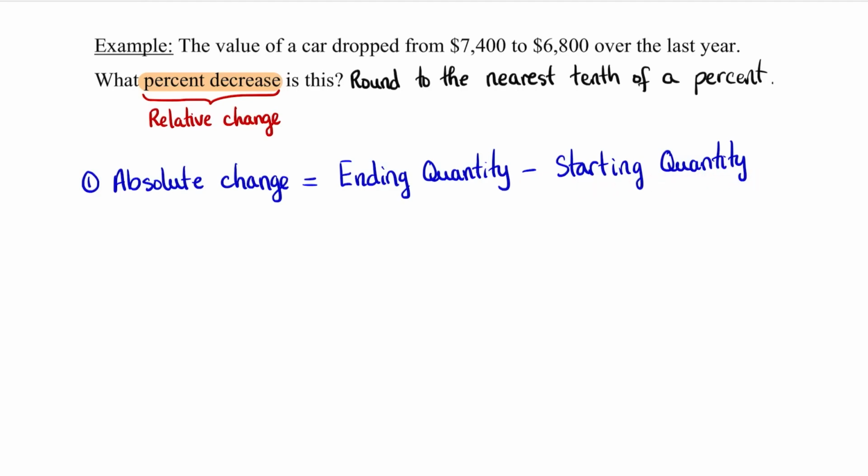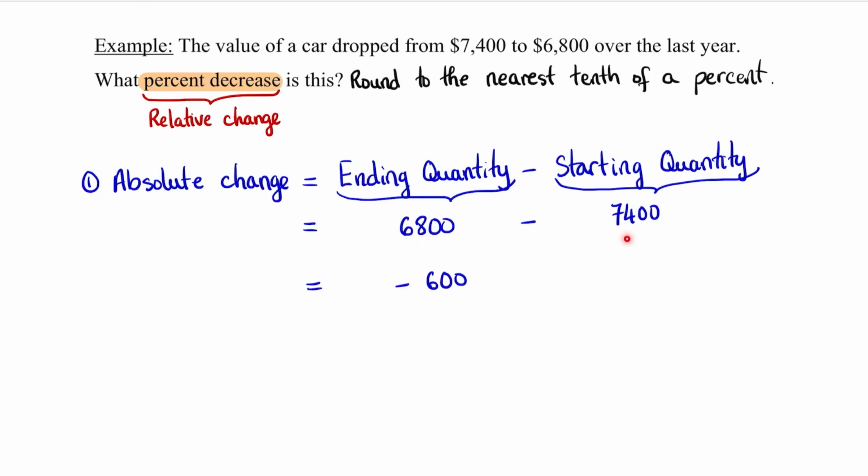The value of my car started from 7,400 and is at 6,800 over the last year. So my ending quantity is 6,800 and starting quantity is 7,400. I replace ending quantity with 6,800 and starting quantity with 7,400.